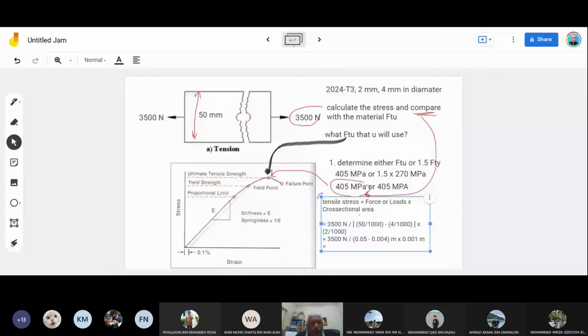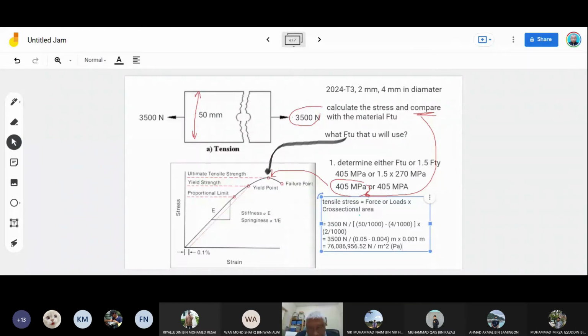So you got 76,086.95652 Newton over meter square, which is Pascal.